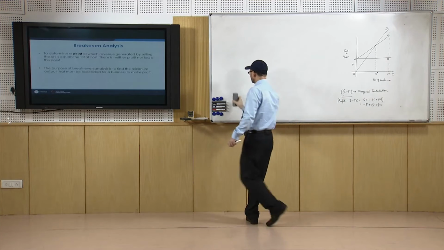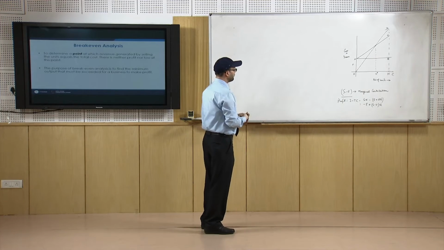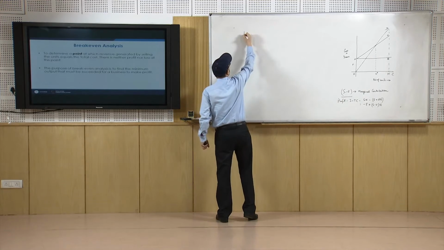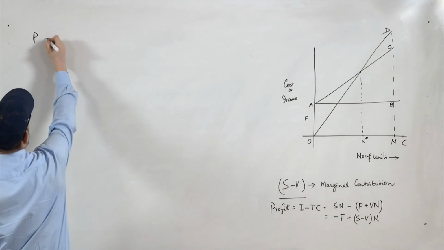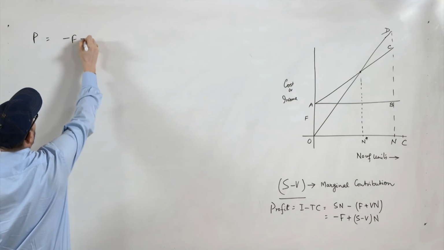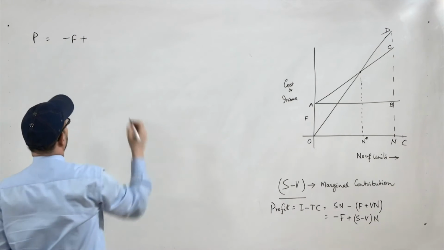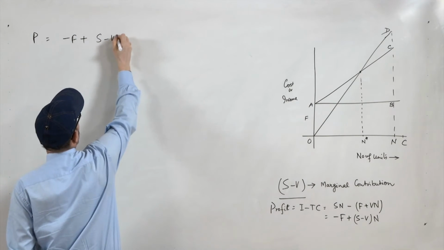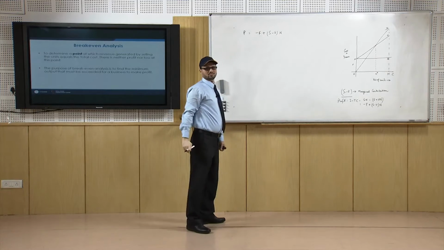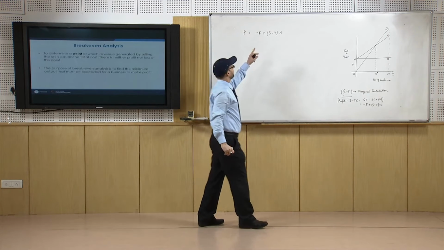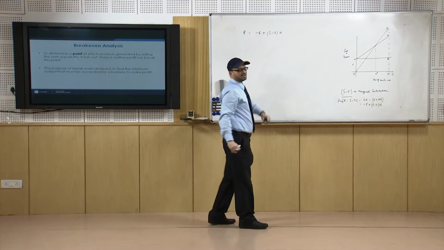Now, what we see is we have got profit as minus F plus S minus V into N. S is constant, V is constant, so this is a constant quantity.